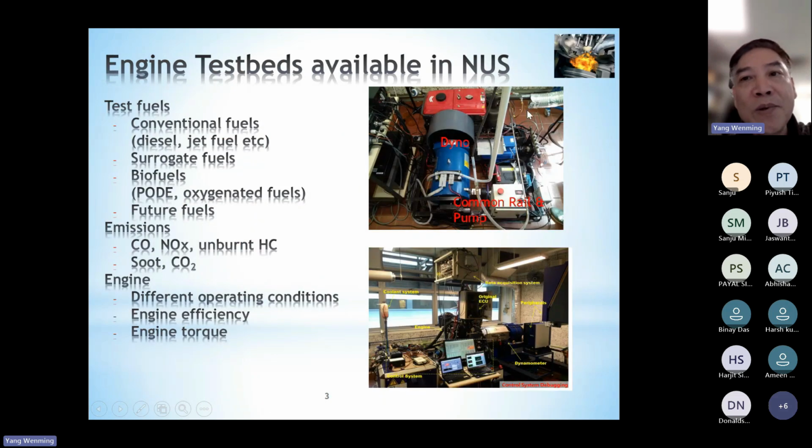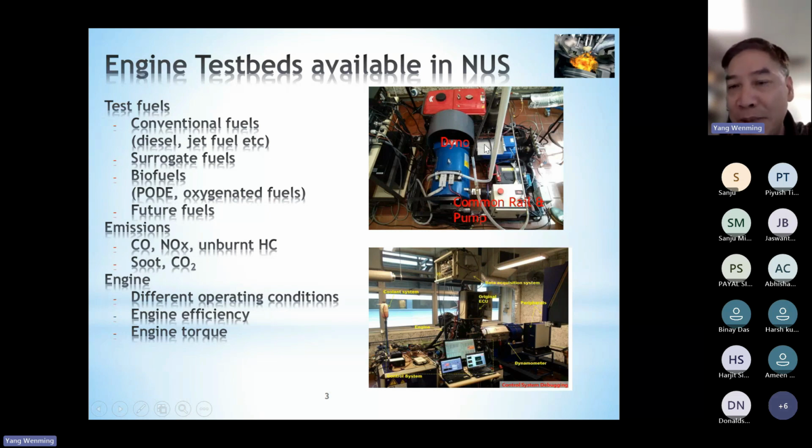For this investigation, firstly, we have built 2 engine testbeds in our lab. The first one is a single cylinder engine testbed. For this one, the control system, the ECU, was designed by ourselves. By using the in-house ECU, we can change the fuel injection amount and fuel injection timing.